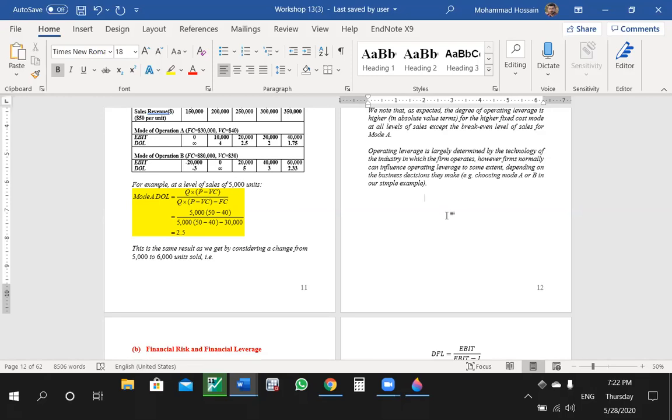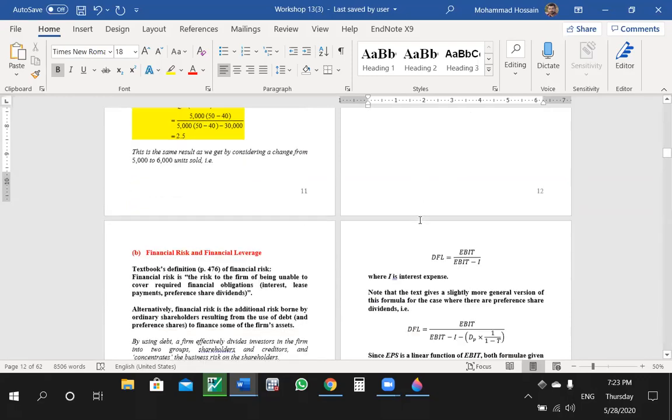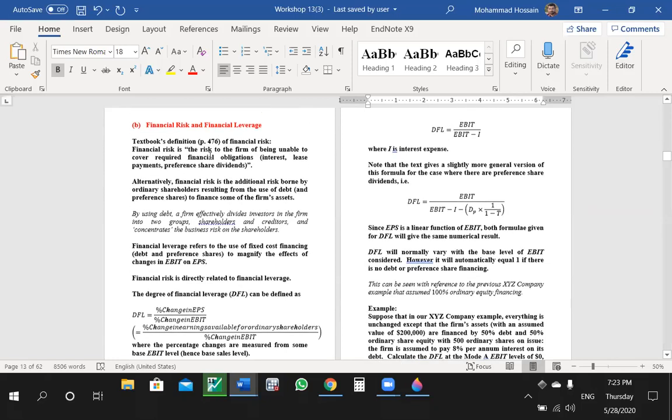These things are your financial liabilities. Now, how do we actually sort out the financial risk? Financial risk is the risk from interest rate, lease payment, preference share dividends payable, these things.